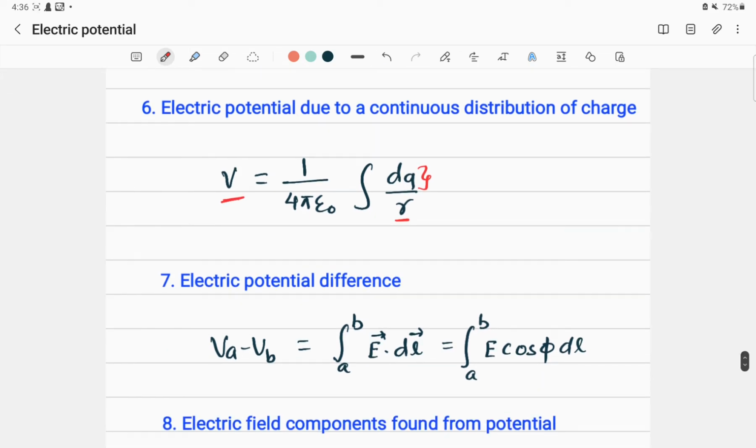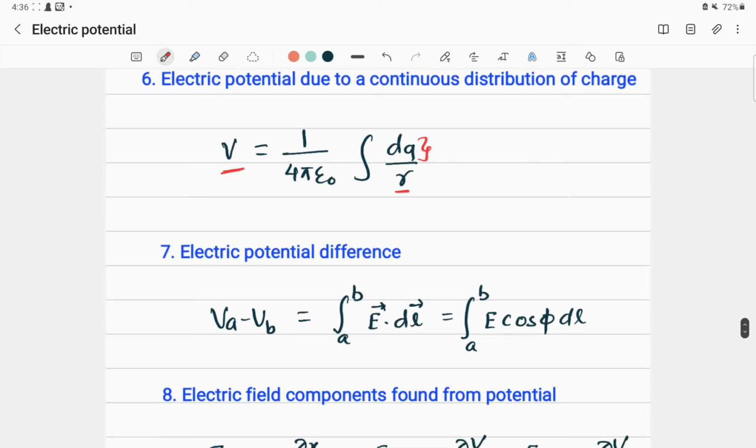Next, electric potential difference. This is simply the potential difference between two points, denoted by V_A minus V_B, that is the electric potential difference between point A and point B. This is equal to the integral along a path from A to B of the scalar product of the electric field and the displacement vector.